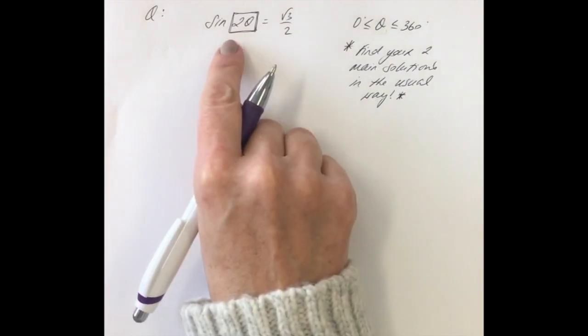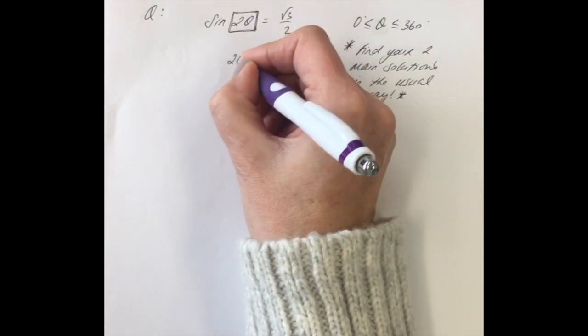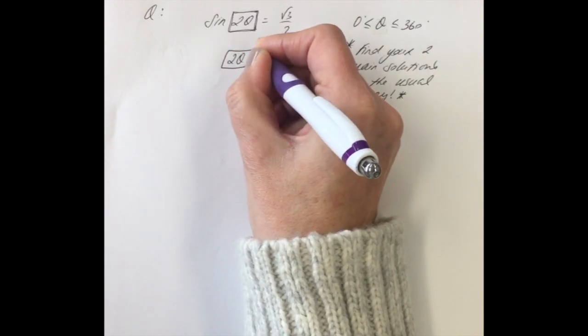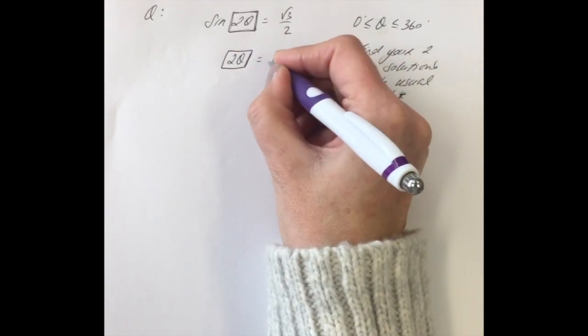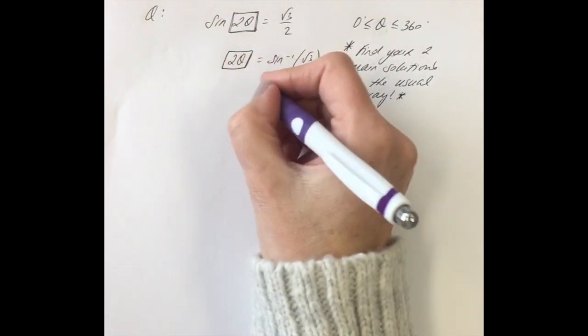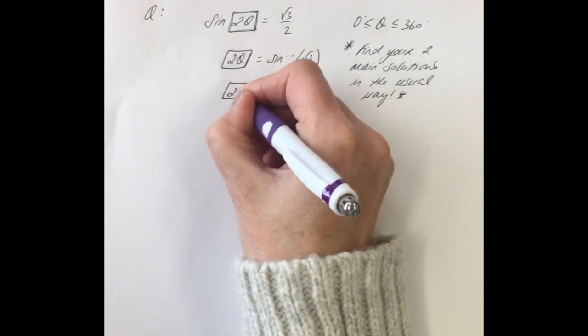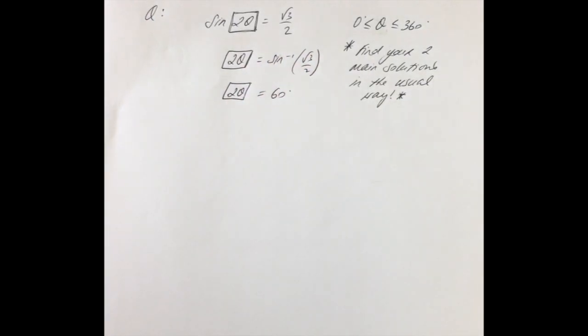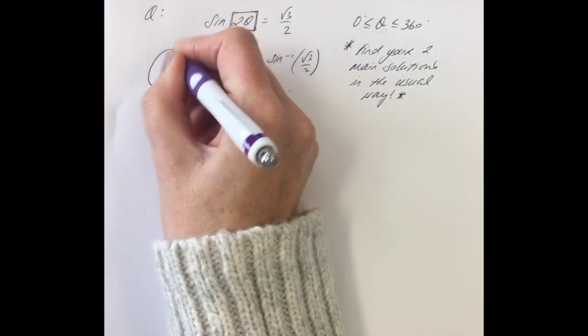Okay, so let's find our two main solutions in our usual way. So keep that together. That's the angle I'm looking for. And of course, sine inverse root 3 over 2 works out to be 60 degrees. Okay, so draw your unit circle.